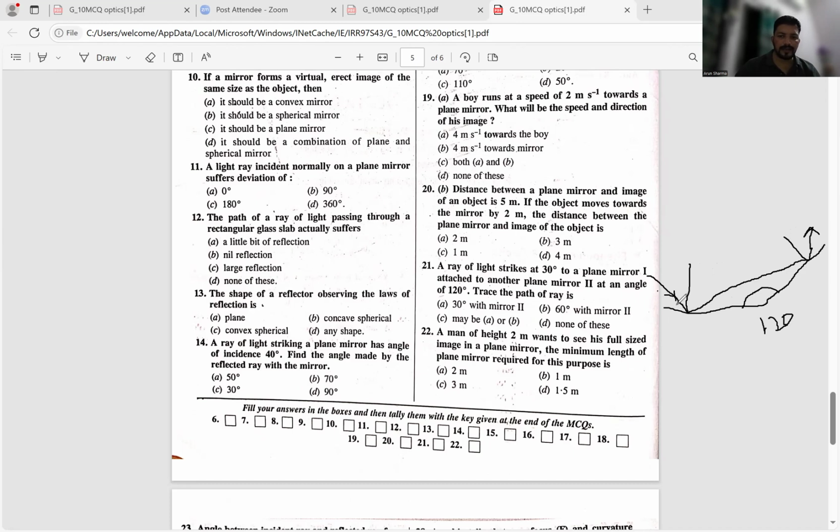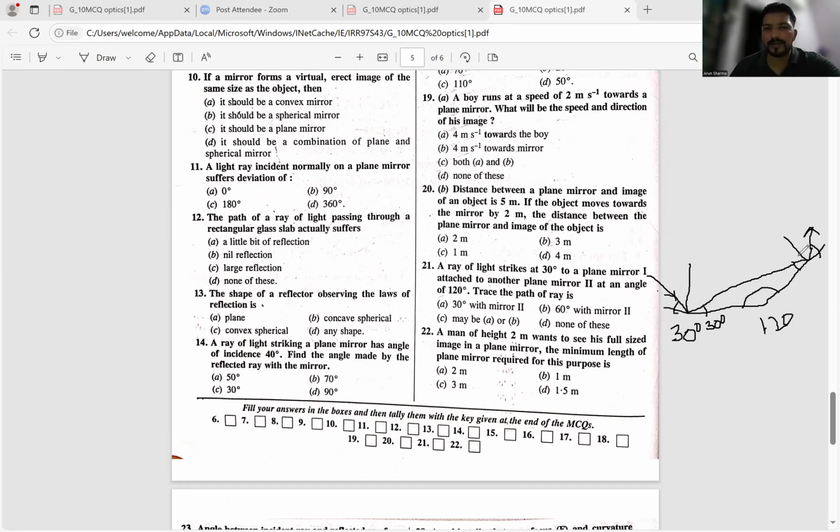This angle is 30 degree, because it is 120, so this angle is also 30, this angle is also 30.